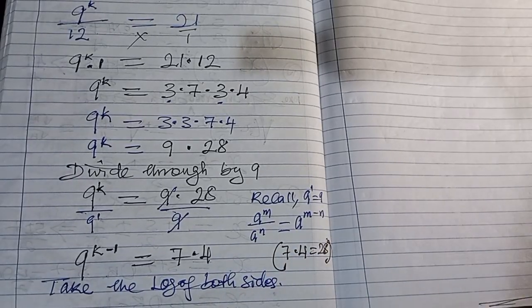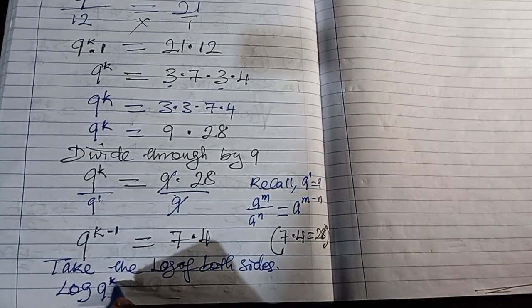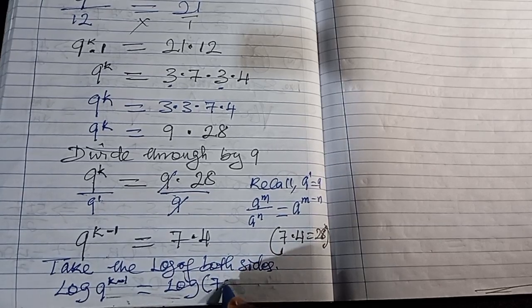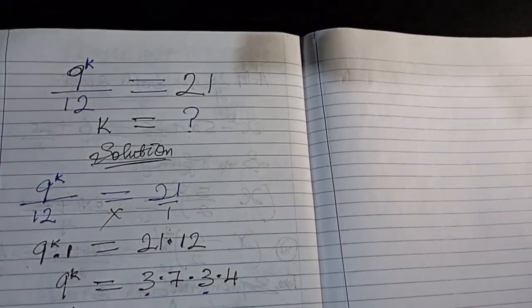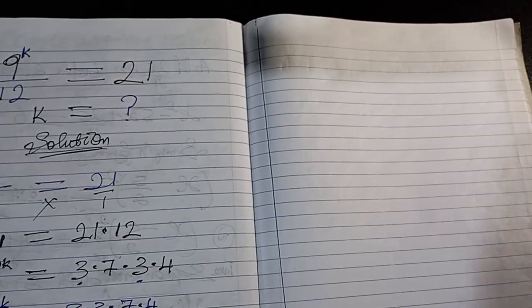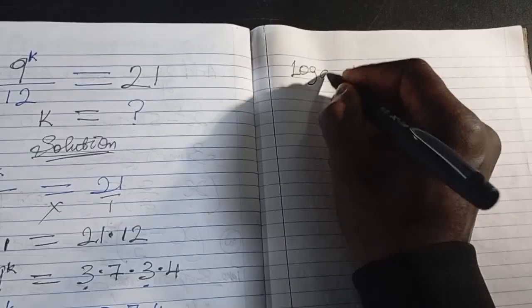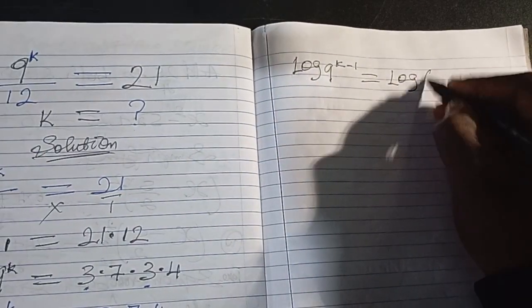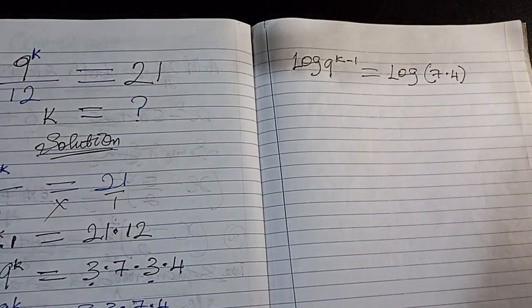So when we take the log of both sides, we have log 9 raised to power k minus 1 is equal to log bracket 7 times 4. Good. That is log 28. Alright. So we have log 9 raised to power k minus 1 equals log bracket 7 multiplied by 4.